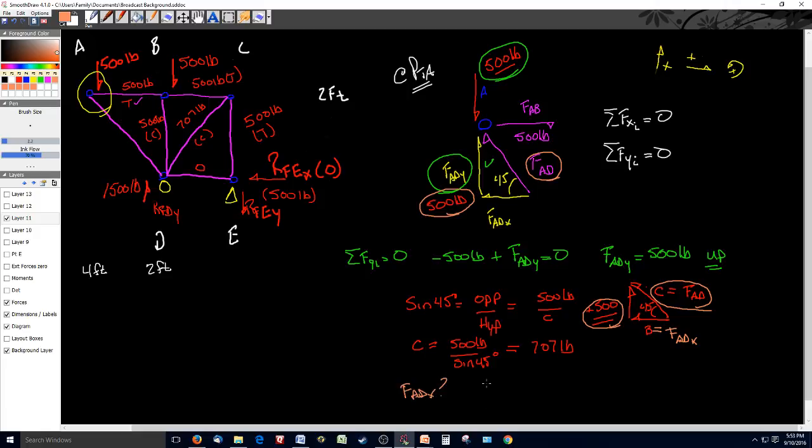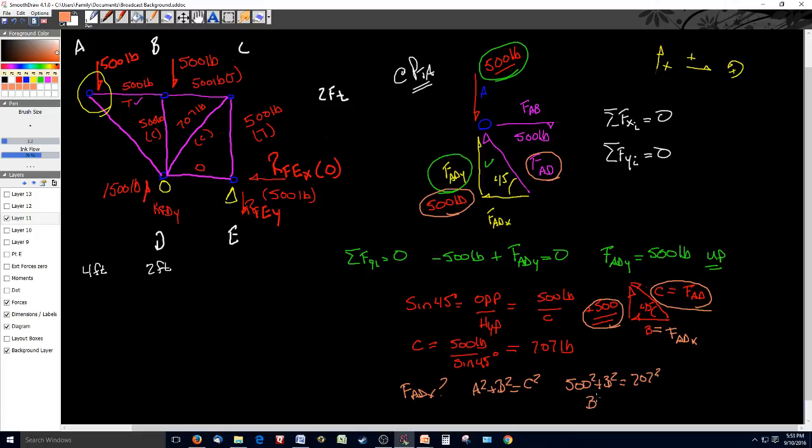And I know from Pythagorean theorem that A squared plus B squared equals C squared. So I now know C squared. So what I can say is 500 squared plus B squared equals 707 squared.